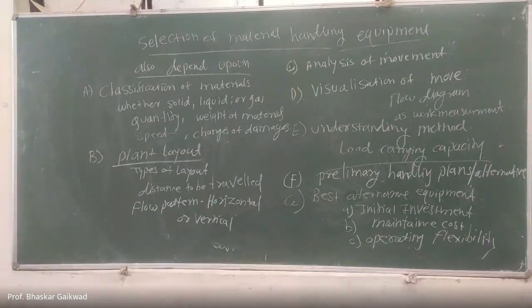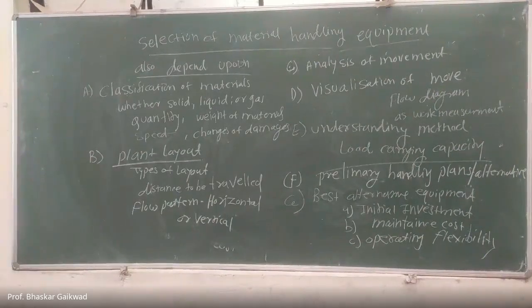After all these points, you have to prepare the master plan along with some alternatives, and select the best alternative based upon initial investment. Suppose we want to set up conveyors in a product layout. What should the initial investment be? Maybe 10 lakhs, 20 lakhs.